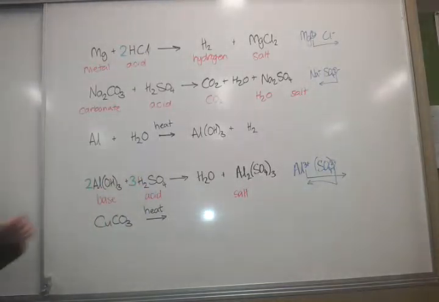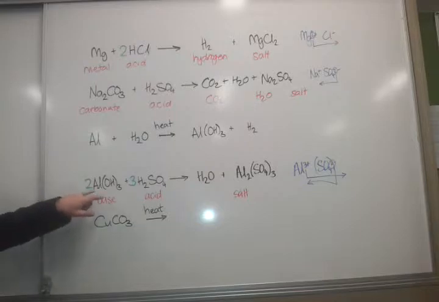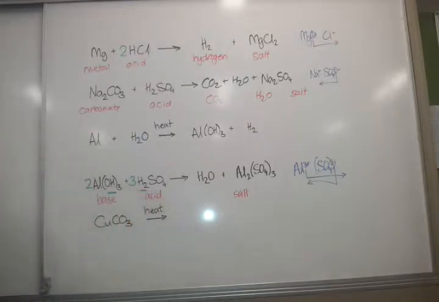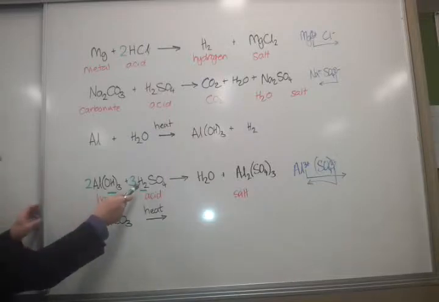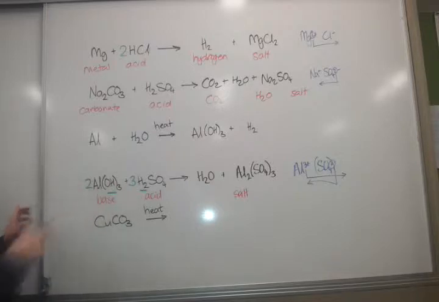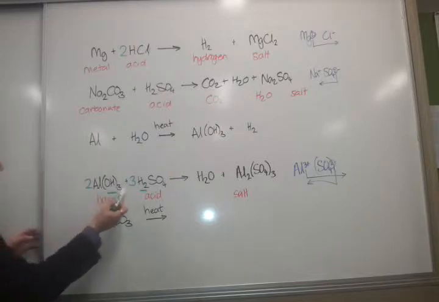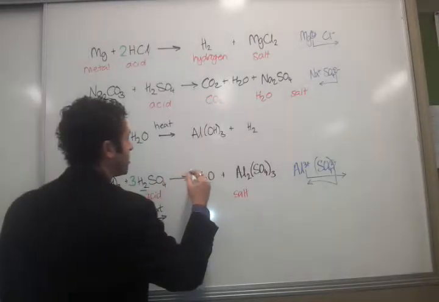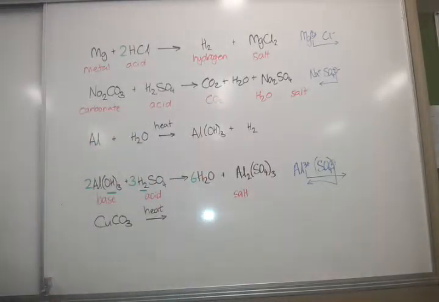Then I need to check how many waters the hydroxides and the H+s make. So I've got 6 and 3 times 2, another 6, so 12 hydrogens in this, which would make 6 waters. And I've got 3 times 2, so 6 oxygens. Again, that would make 6 waters, so that's good. So it's quite a lot of water being made in this one, 6.